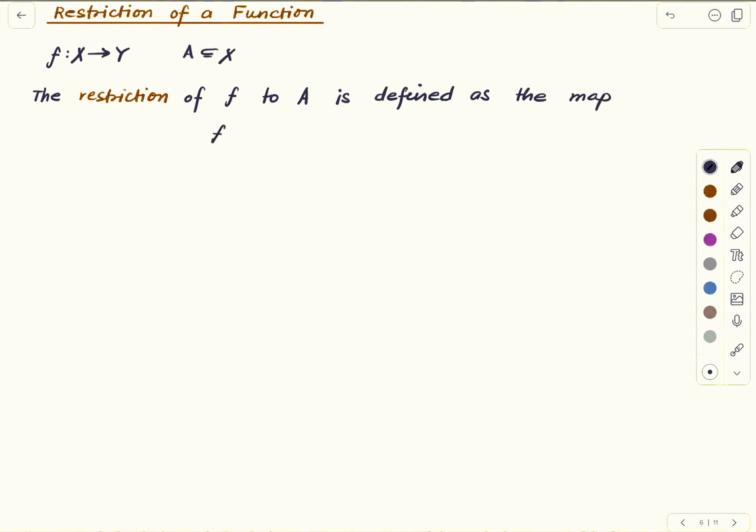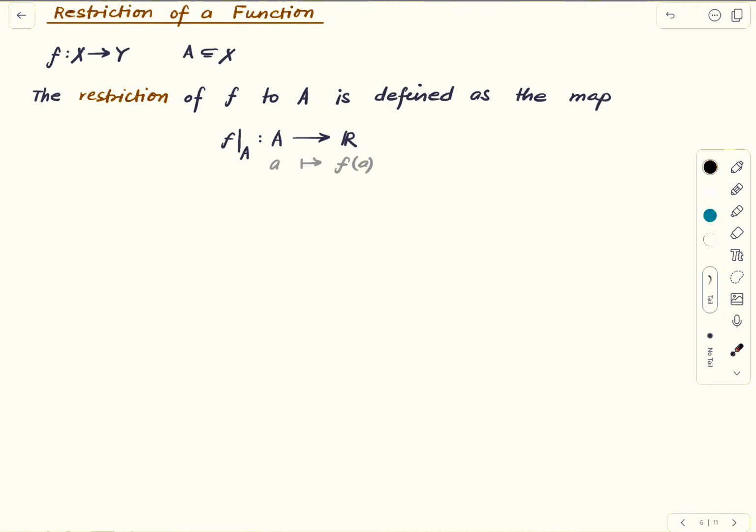By notation, we may write this, or we may also write, okay, I will discuss the other notation. But what is the definition? The definition is underwhelmingly simple: little a going to f of a.